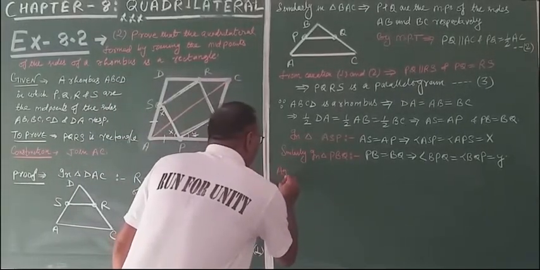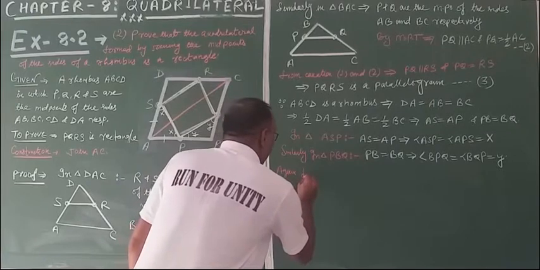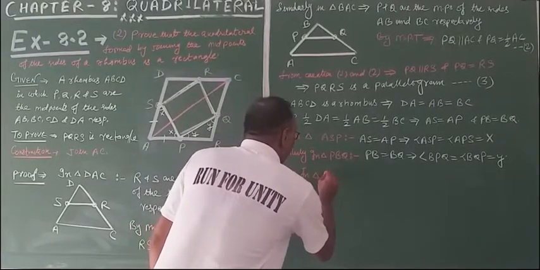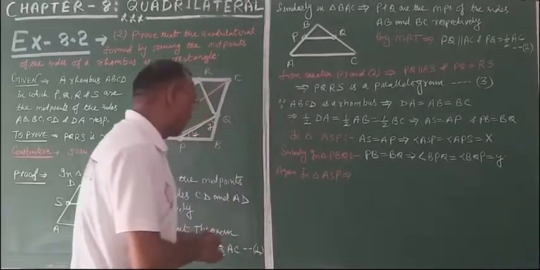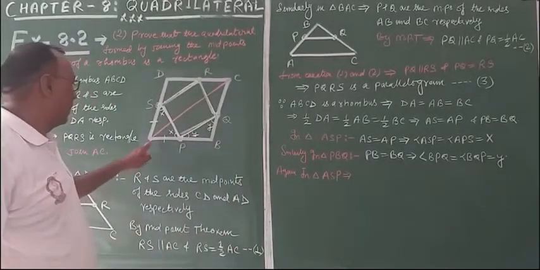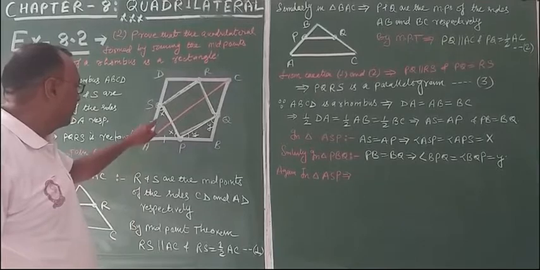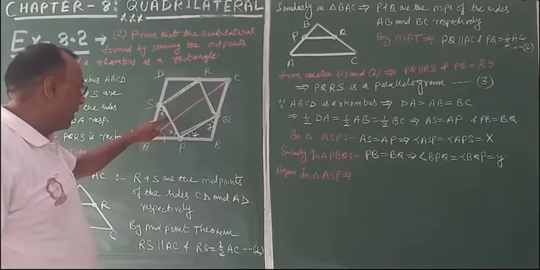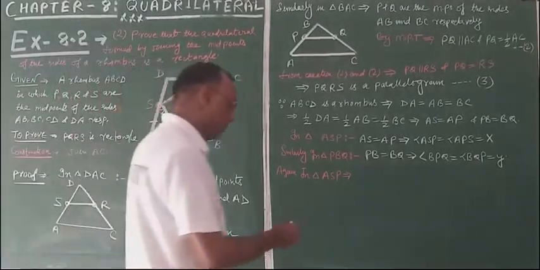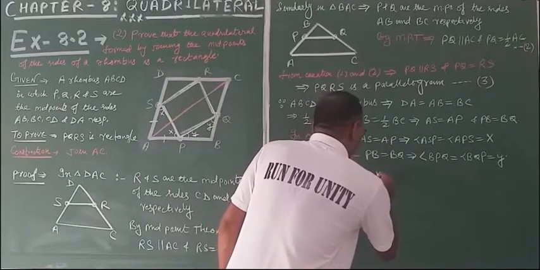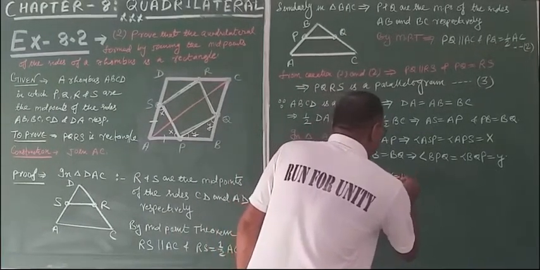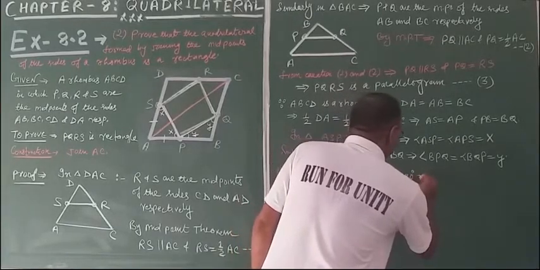Again, in triangle ASP, tell me the angles. Angle A plus x plus x is equal to how much? 180 degrees.